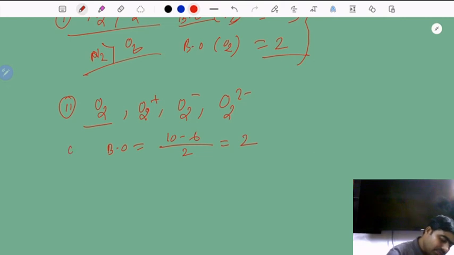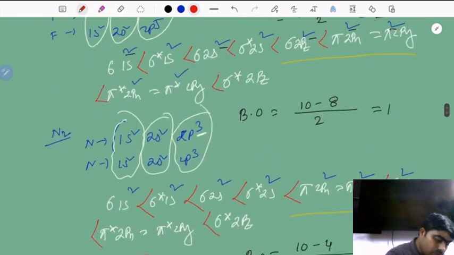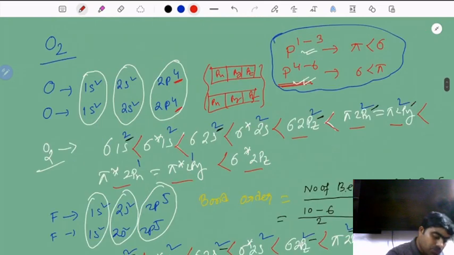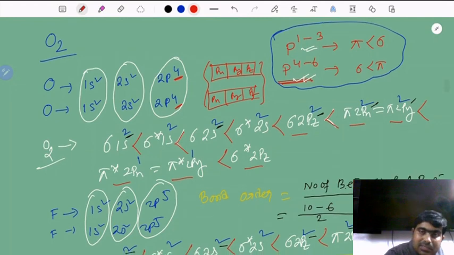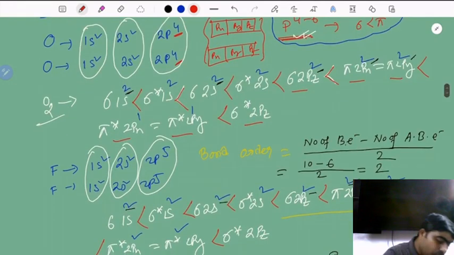Now for O2 plus. In case of O2, the bonding electrons are 10 and anti-bonding are 6. But for O2 plus, one electron will be less, that is, one electron from the anti-bonding is less.